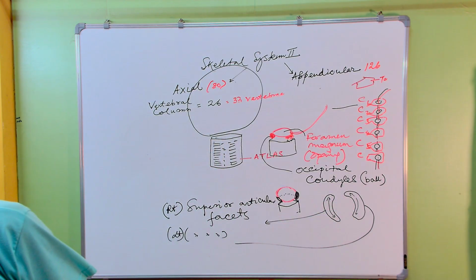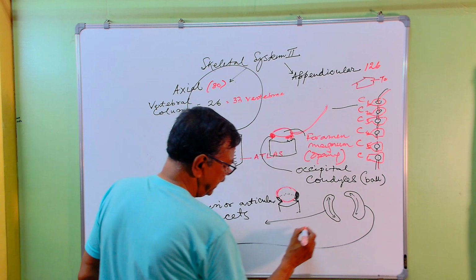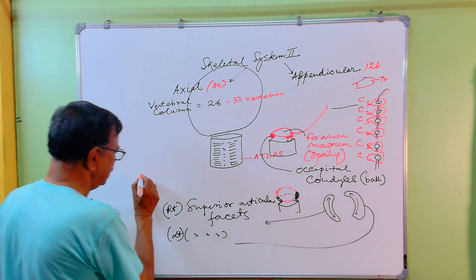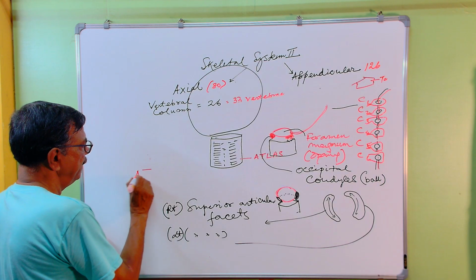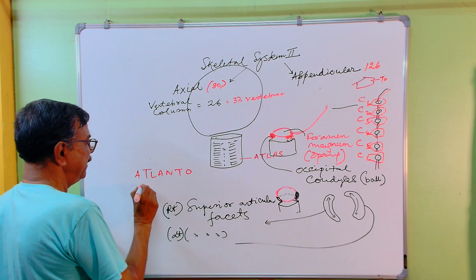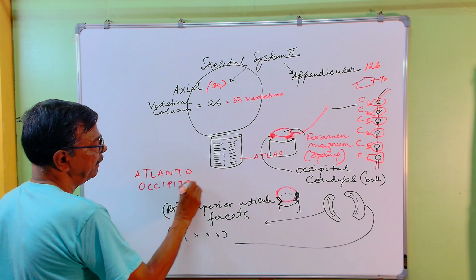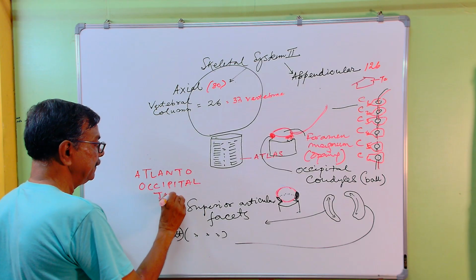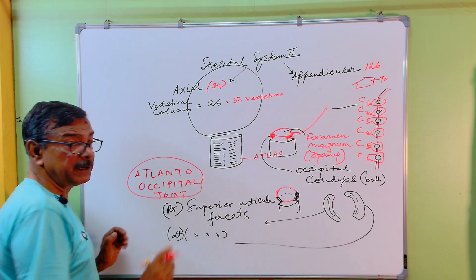Now, one thing more. This is known as the atlanto-occipital joint. I don't know how the name atlanto has come.